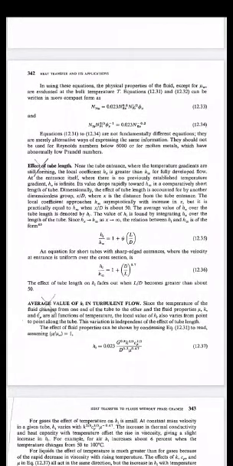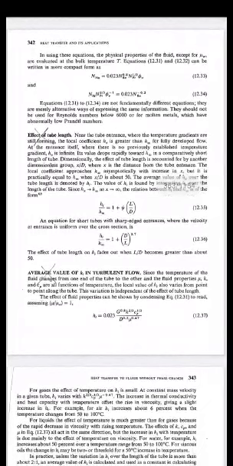I told you hi is nothing but the inner side heat transfer coefficient, isn't it? Inner side heat transfer coefficient. Now by using mathematics and taking the limits hx to h infinity, x to infinity, the relation between hi and h infinity can be written as per equation number 12.35.